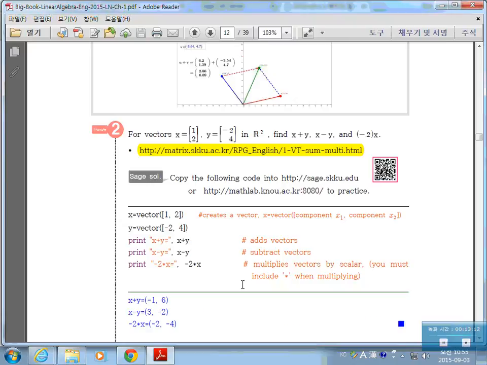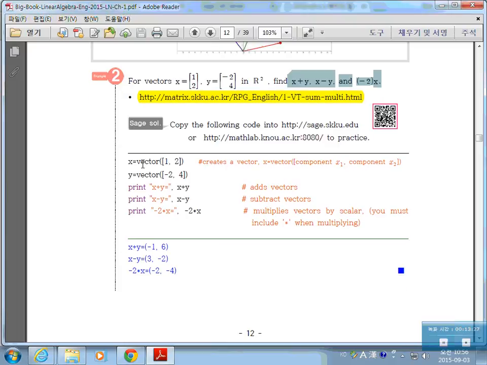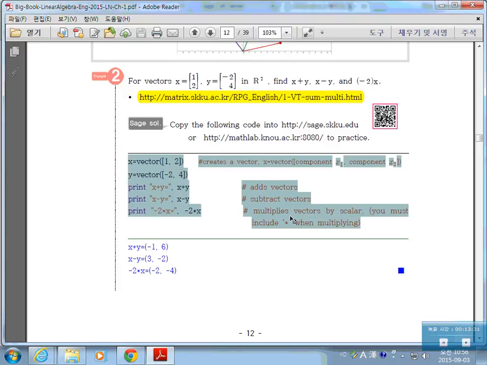Anyway, as you see, if two vectors are given and you are asked to find the vector addition or scalar multiplication, all you have to do is do it component-wise. It can be easily done. And you can also do the same thing with code that you can utilize on these and many other websites.